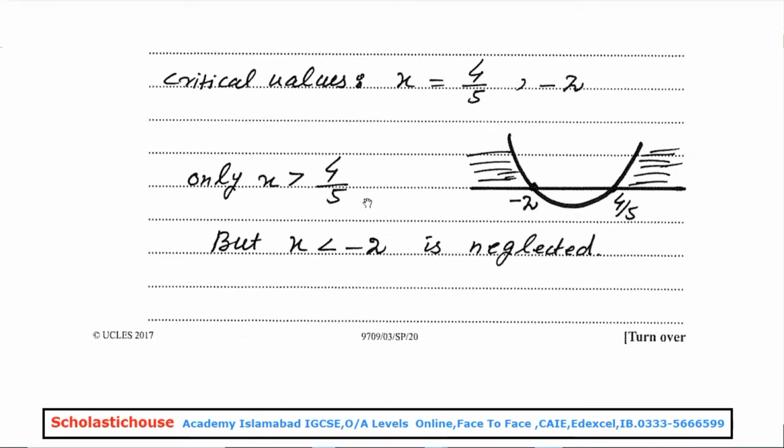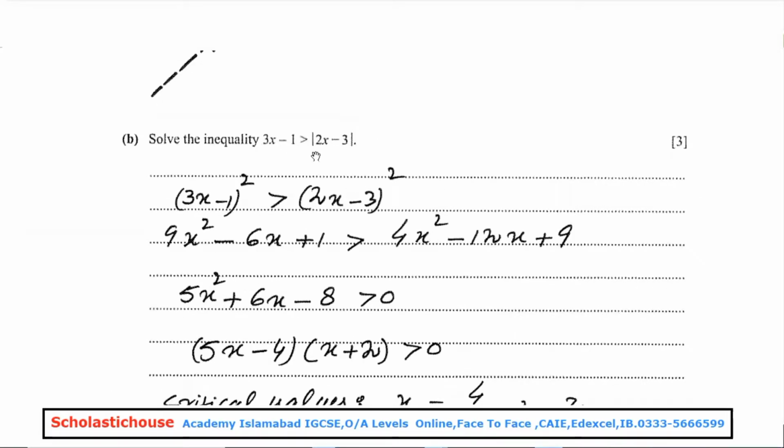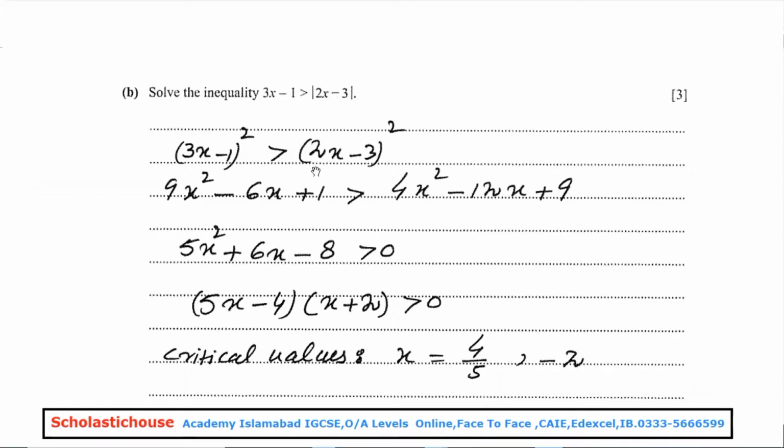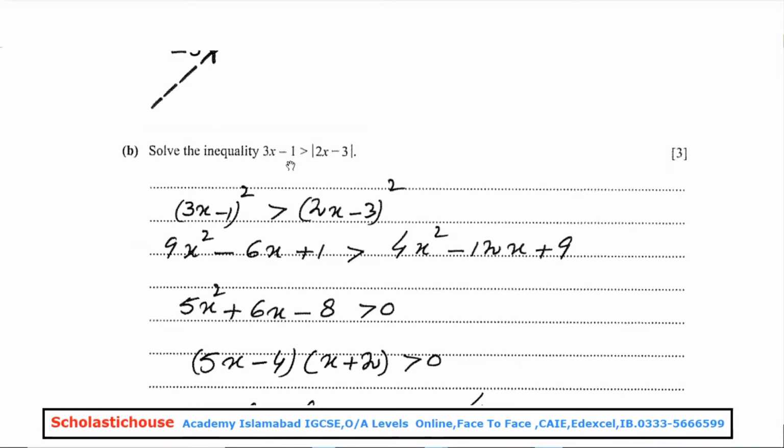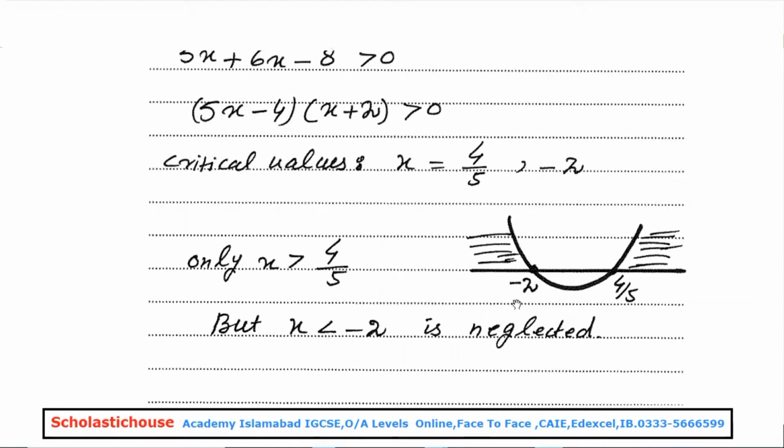But on checking, all the values which are less than minus 2, when we put them in this inequality, do not satisfy the inequality. Therefore, x less than minus 2 can be neglected. So only one answer, that is x is greater than 4 over 5.